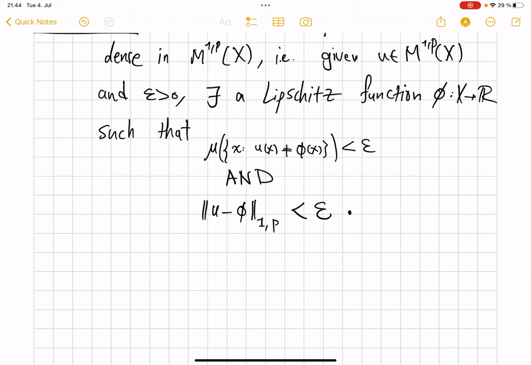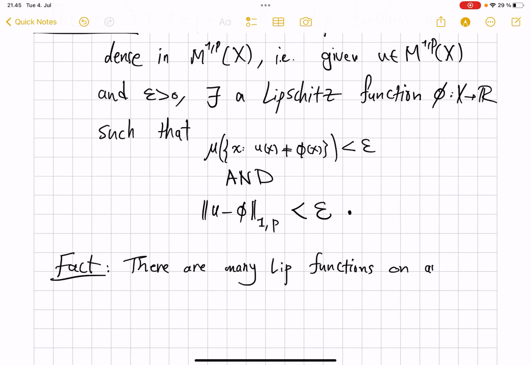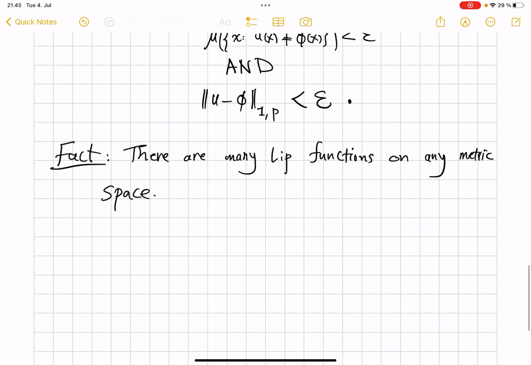So this little remark: there are many Lipschitz functions on any metric space. And also, we don't need a measure to talk about Lipschitz functions, by the way. Why?